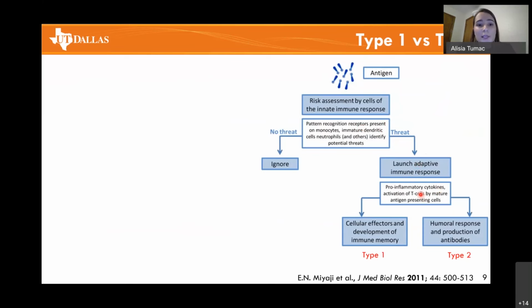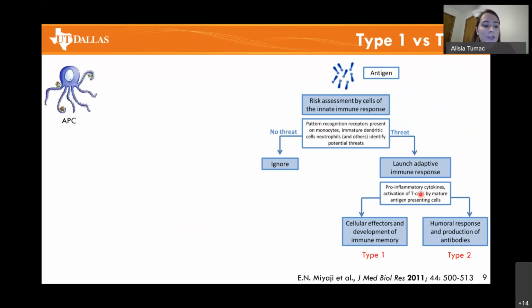The type 1 is a cellular immune response, which deals with pathogens that replicate mainly intracellularly, and then the type 2 can be a humoral response, which deals with pathogens that replicate extracellularly.